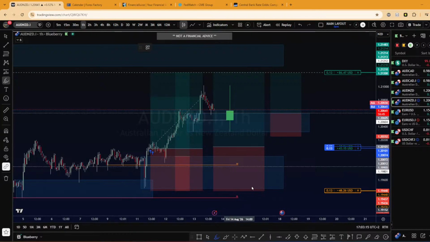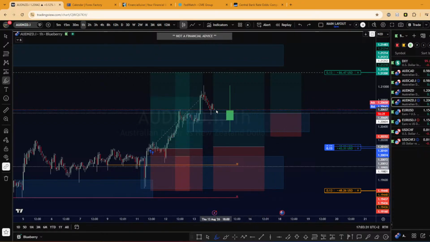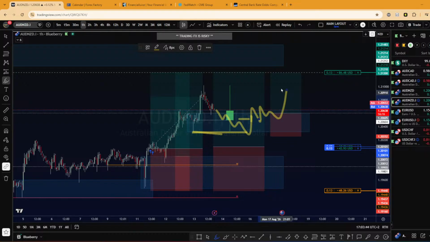Or if I don't see confirmation in lower time frame, maybe price goes into premium somewhere here, and then I will be happy to buy on a discount zone. There is a chance that price will find another discount, reject this low right there, and then we can observe a shift of structure in lower time frame, and then I will be happy to buy.